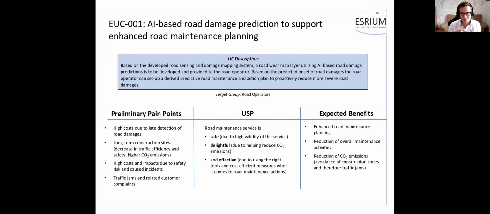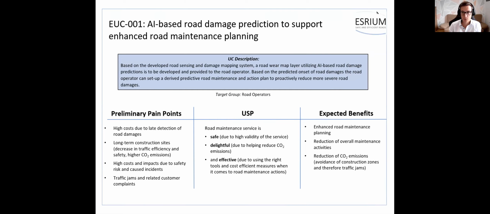The preliminary pain points of this use case are that the measurement of motorways in a 4-year cycle results in high costs, as road damages are discovered too late and long-term construction sites are necessary. They in turn lead to a deterioration in traffic efficiency and higher CO2 emissions. Other side effects are an increased risk of accidents in the roadworks area and a rising road user dissatisfaction due to, for example, traffic congestion.